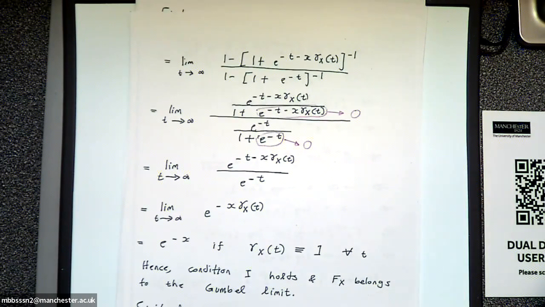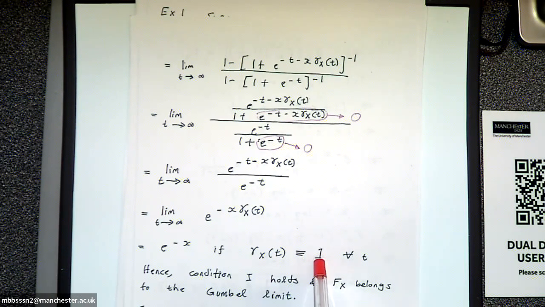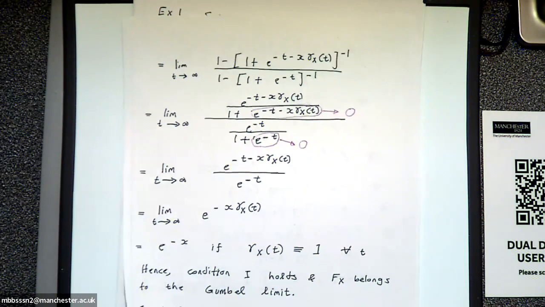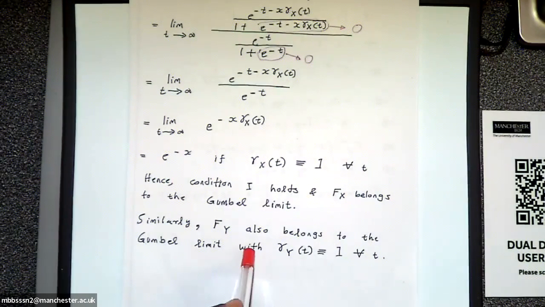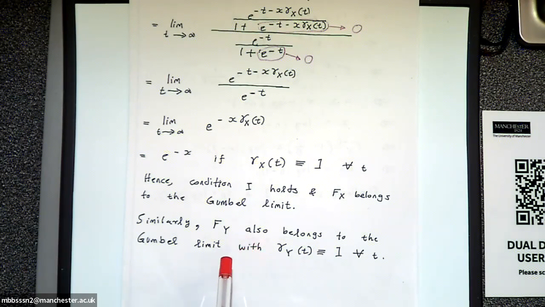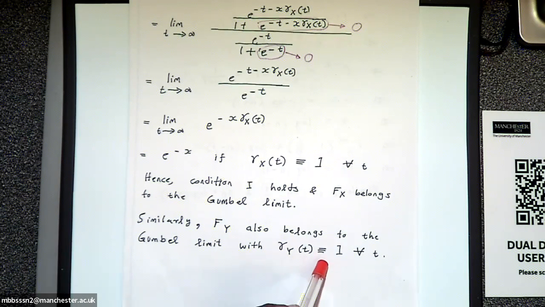Hence the marginal CDF belongs to the Gumbel domain of attraction with the gamma function identically equal to 1. And similarly, because the joint CDF is symmetric, the marginal CDF of Y also belongs to the Gumbel domain of attraction with gamma Y identically equal to 1. So that's the second step.